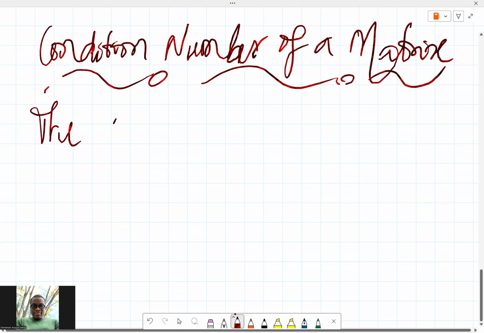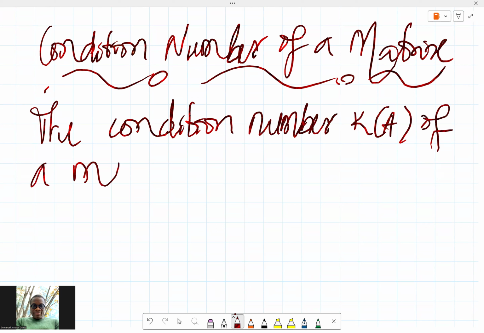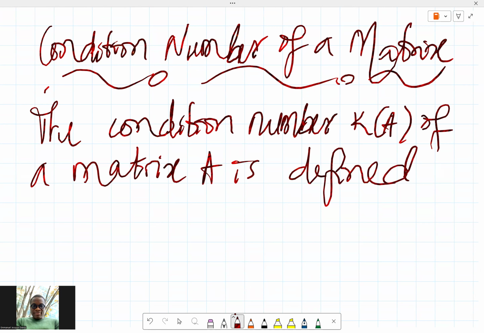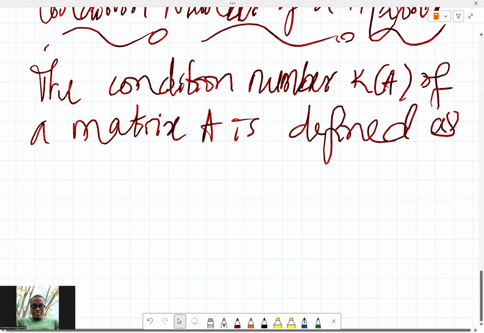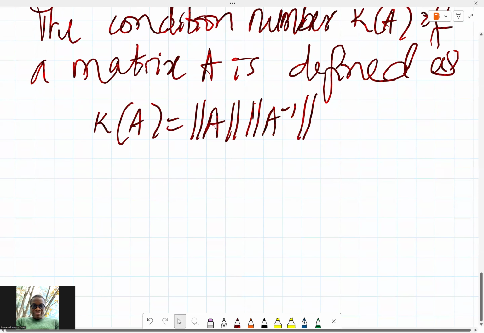The condition number of a matrix A is defined as K of A equals the norm of A multiplied by the norm of A inverse.